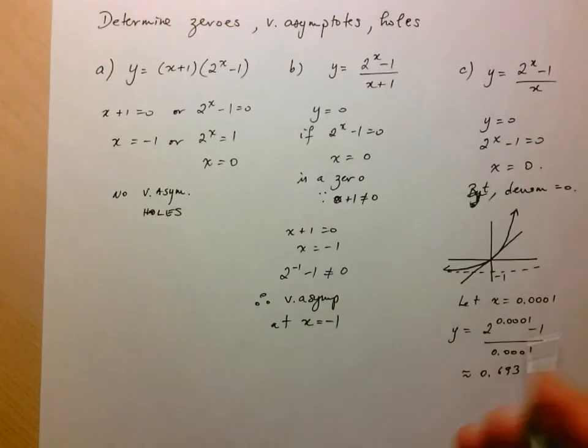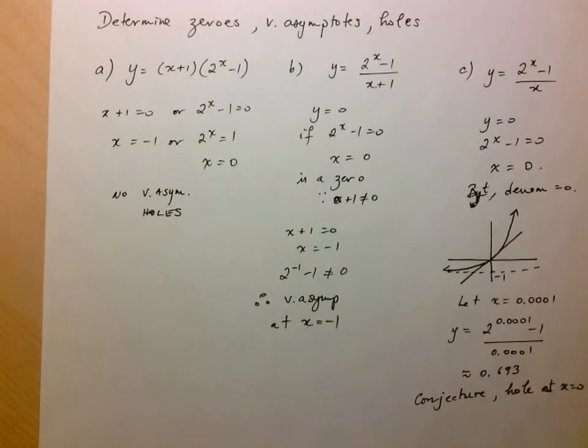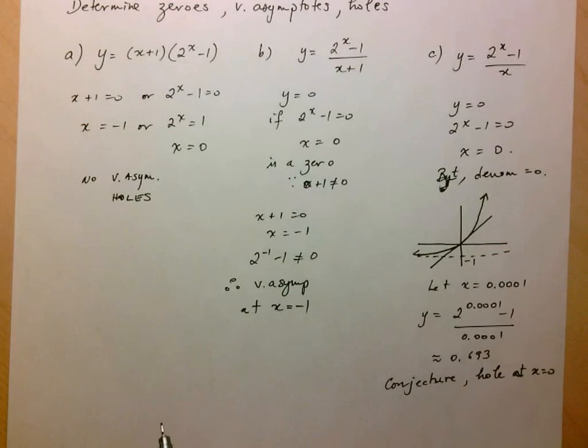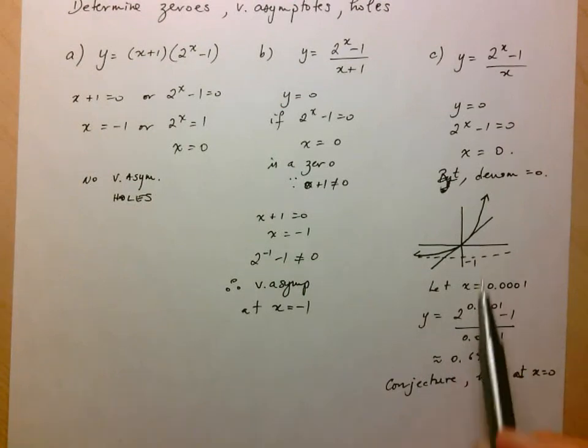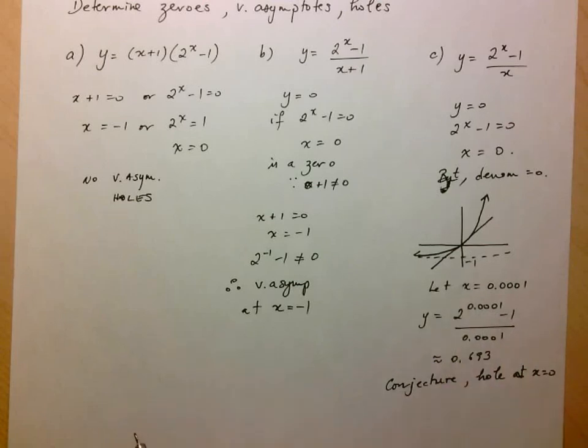So my conjecture here is that there's a hole at x equals 0. In fact, if you were to graph this function on Desmos, you would see that there is indeed a hole at x equals 0. Again, it's not that I know for sure based on my analysis, but this is fairly good evidence that I would have a hole at x equals 0.